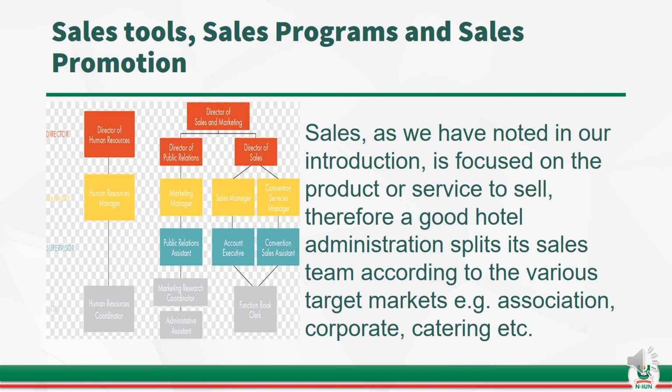As Walker said, some sales tools and programs include personal selling. Under this, we have sales calls, internal sales, training for guards and contact employees, and telephones. The second tool is direct mail.